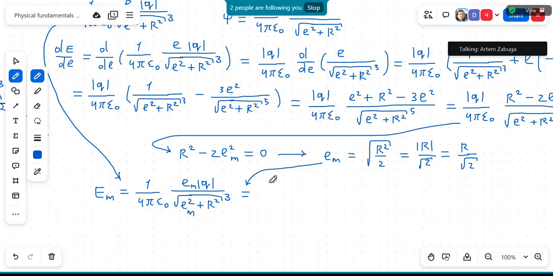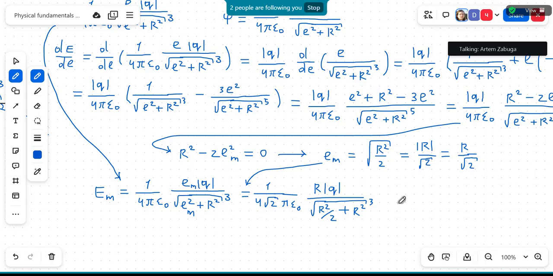So 1 divided by 4 pi epsilon 0, r absolute value of q, divided by the square root of r to the power of 2 divided by 2 plus r to the power of 2, and the square root is to the power of 3.